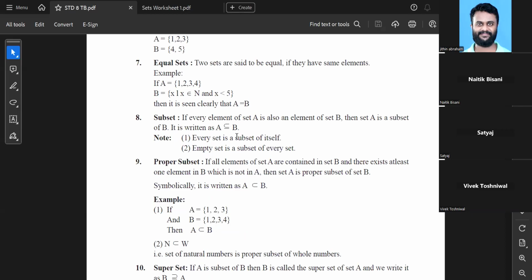Subset means one set is part of another set. It is represented by this particular symbol.